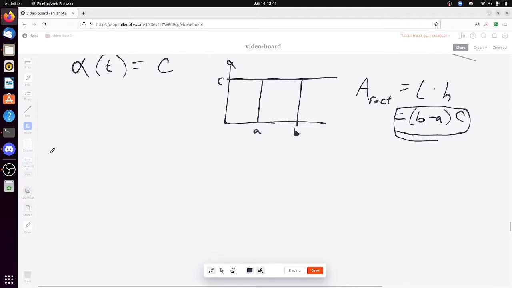Now, what we have here is the velocity over this interval. So really, the change in the velocity over this interval is equal to the limit as n approaches infinity. Actually, let me start with just the integral, so we get used to this.